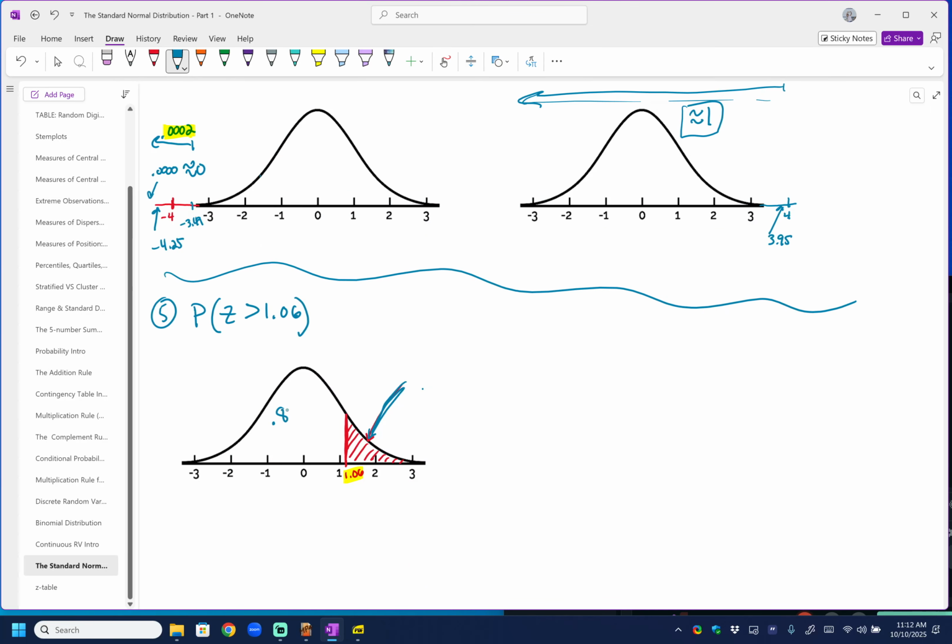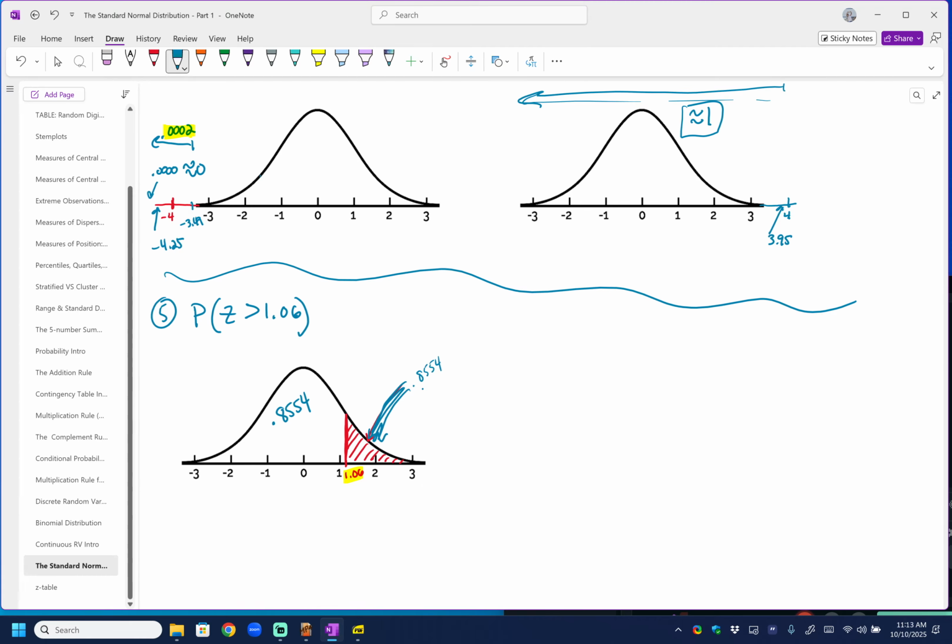Now, let's say you made a mistake and you go, no, that's the answer, 0.8554. That does not make any sense. If you wrote 0.8554 here and pointed to this right here, this is an area that is clearly less than half the curve. It should be less than 0.5000. So be very careful with the way you do things with that.